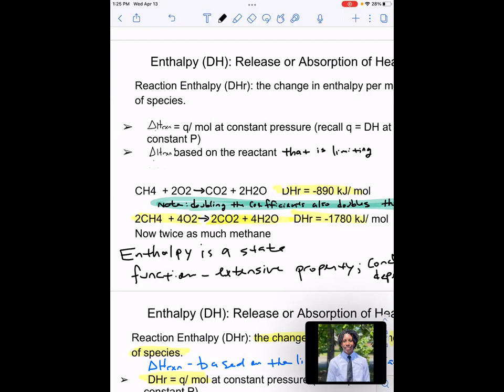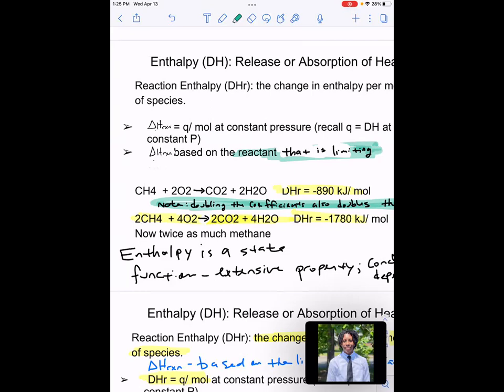And for any given reaction, the delta H is going to be based on the limiting reactant, whatever reactant is the limiting reactant. So that's one part of the idea.